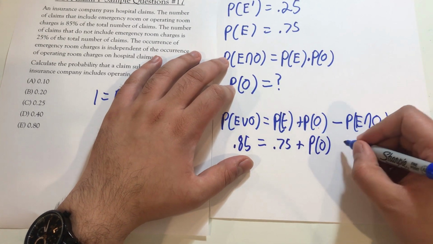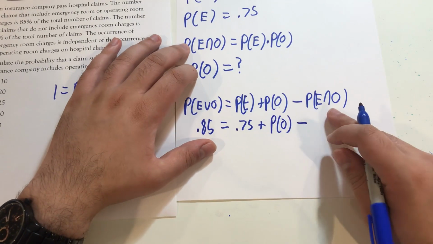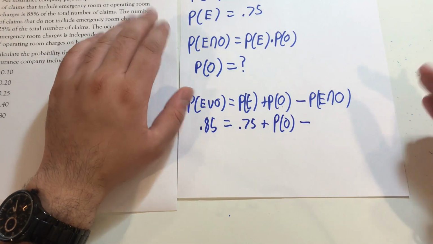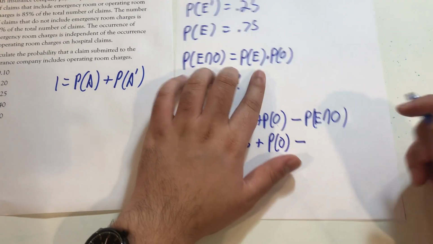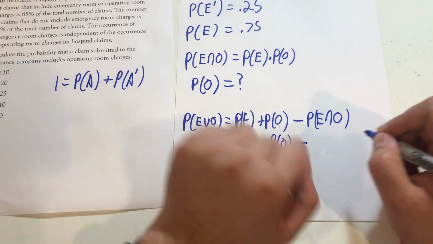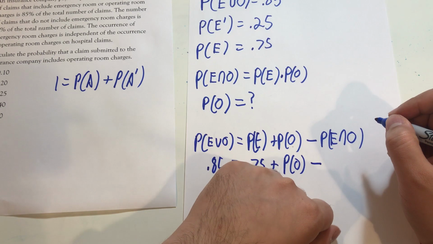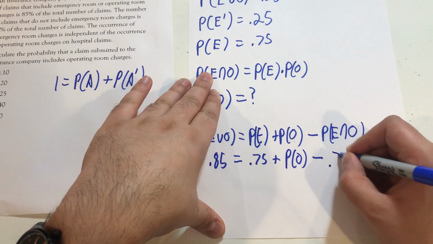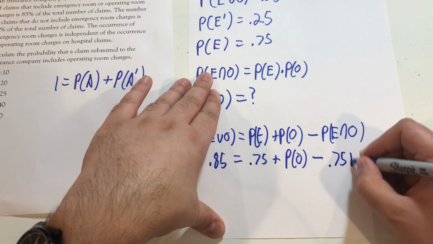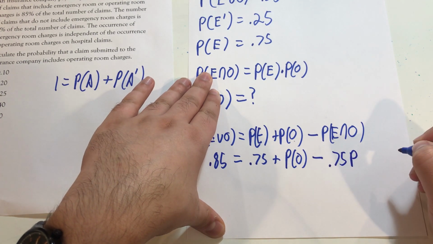Minus, now, I don't have any information in terms of the actual value of that intersection, but I know I can break it up into individual pieces. That'd be the probability of emergency room charges, which in this case is 0.75, times the probability of operating room charges.